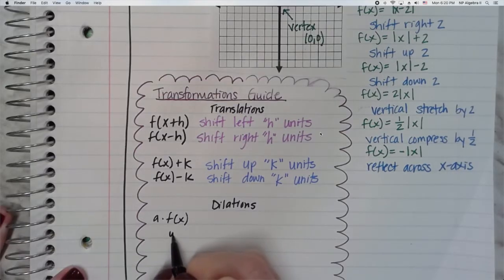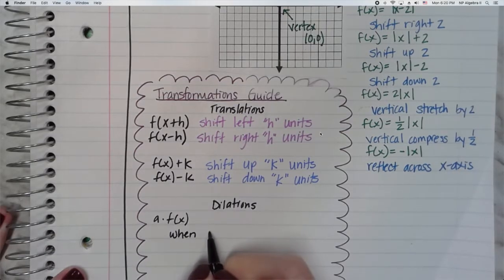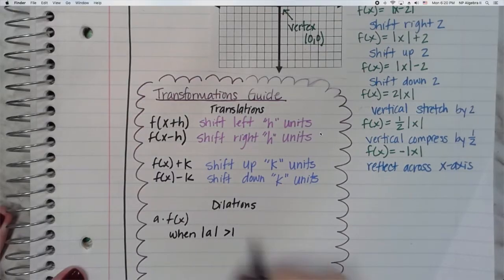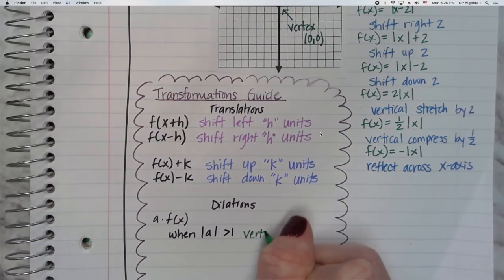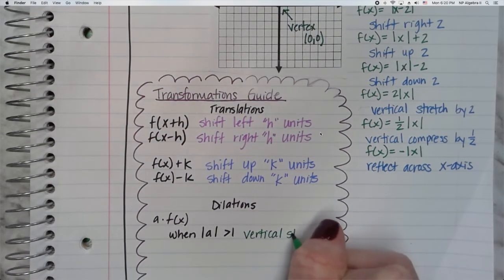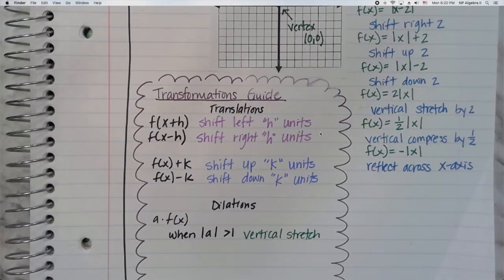When the absolute value of a is greater than 1, this is going to be a vertical stretch. So just looking at a, and we're looking at the positive value of a, it's going to be a vertical stretch.